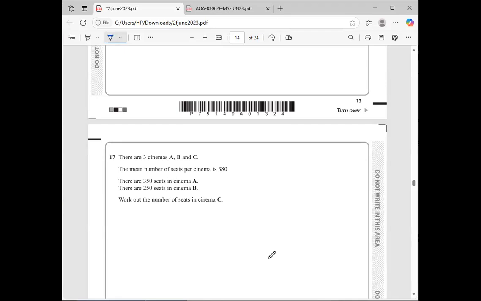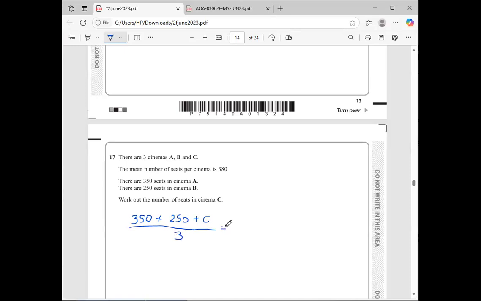Okay, so let's see. If you understand it that way, then let's write down what we have. 350, plus 250, that's the number of seats in cinema B, plus how many in C? Let's just use the letter C to represent the number of seats in cinema C, divided by 3.